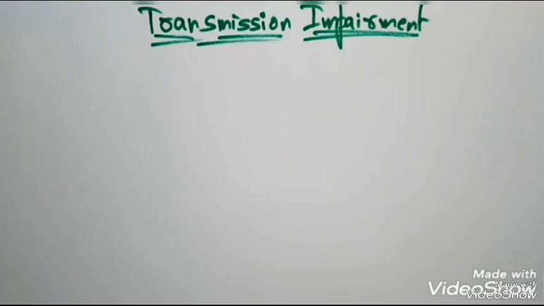Usually in a data communication system, we already discussed signals. In the previous video, we already learned about signals. There are two types of signals, analog and digital signals. These signals always go through the transmission medium.